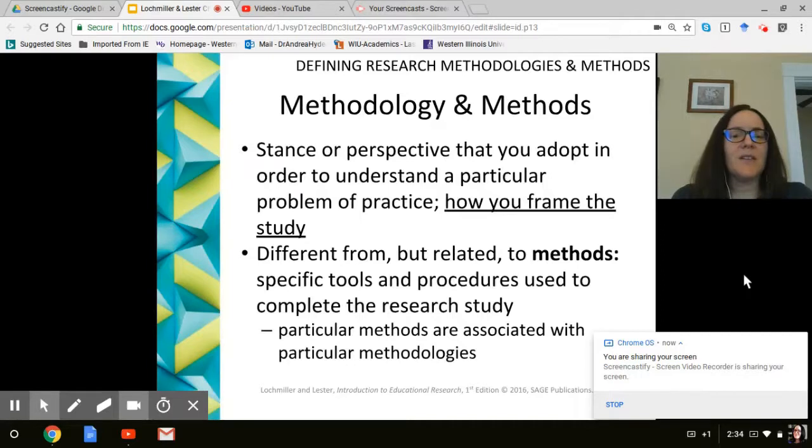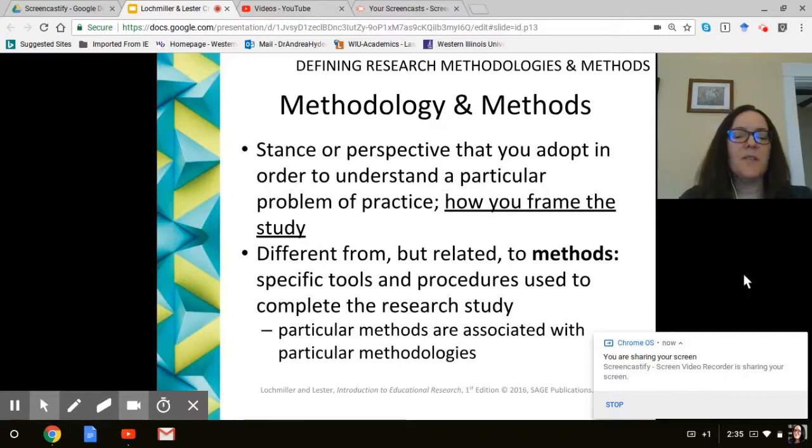So your methodology is your stance, how you frame the study, everything that goes into your position, your framing, the approach that you're going to take, any kind of philosophical lens that you're going to bring in, the design of your study, and then your methods, the methods that you use to collect data, but then your plan for analyzing the data and making sense of it and representing your results. So methods are just one part of your methodology, of your research design.